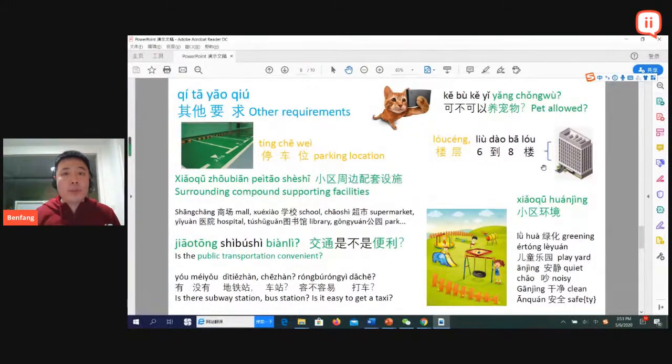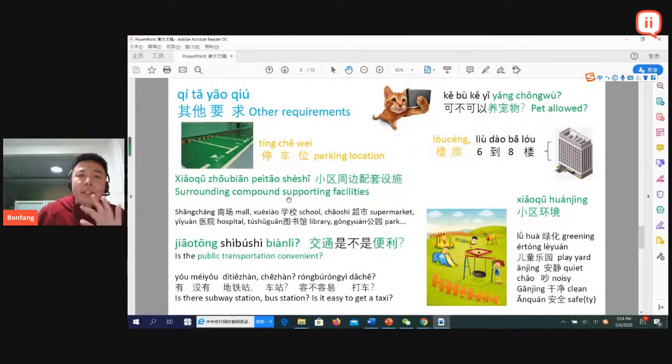What floor do you want? You can say 我要6到8楼, or I want from 10 to 20, 我要10到20楼. 非常好.